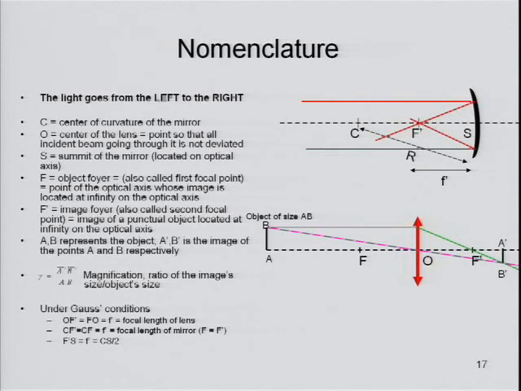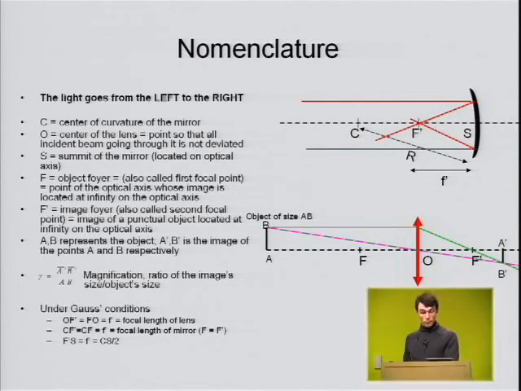Any point on the surface of the mirror is at a distance R, the radius of curvature of the mirror, from C, the center. O, in the case of lenses, is the center of the lens. Any incident beam going through this point is not deviated by the lens. S is the summit of the mirror, the intersection of the optical axis with the center of the mirror.